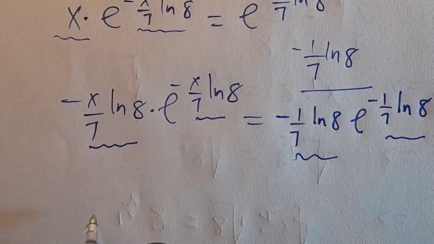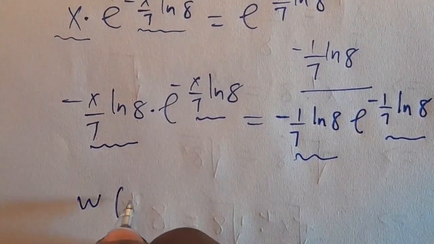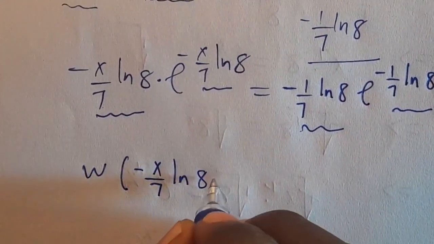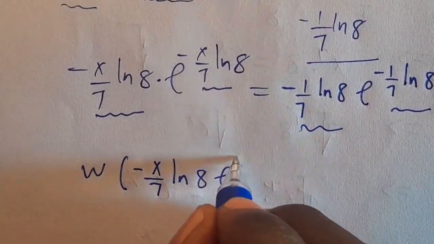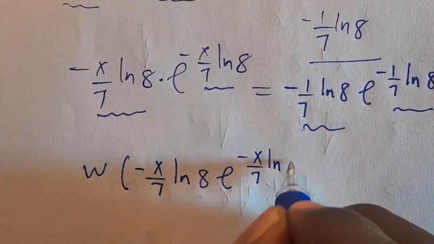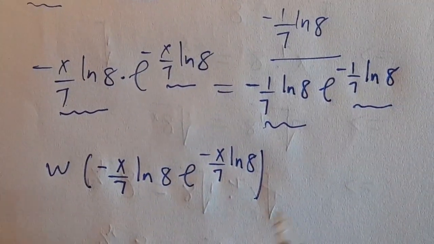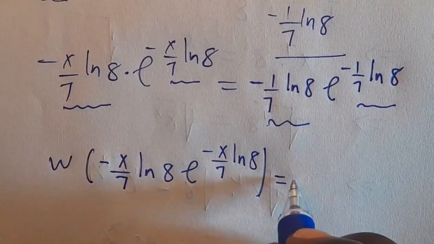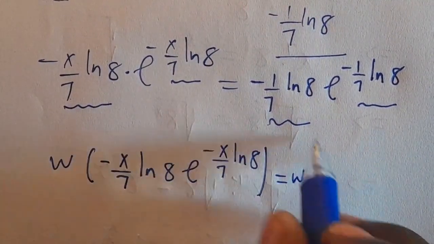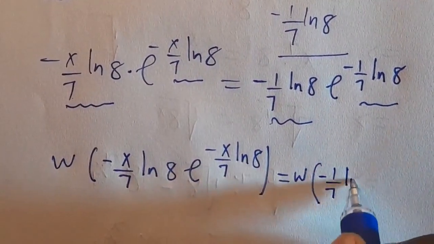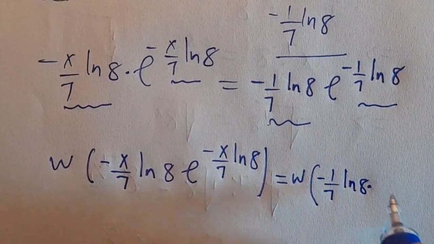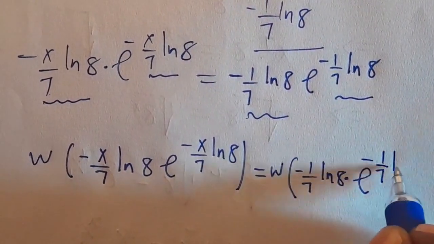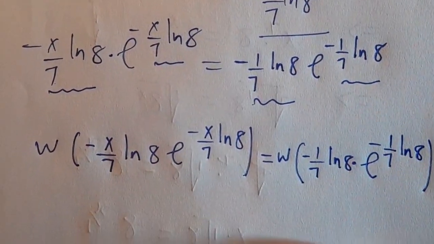That says, when you have W of minus x divided by 7 ln of 8, then multiply by e to the power of minus x divided by 7 ln of 8, then equals, we have to take the Lambert W function of the right hand side as well. We have W of minus 1 divided by 7 ln of 8, then multiply by e to the power of minus 1 divided by 7 ln of 8.